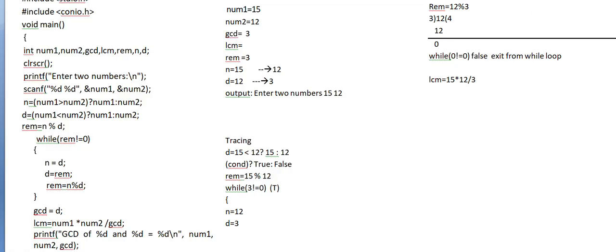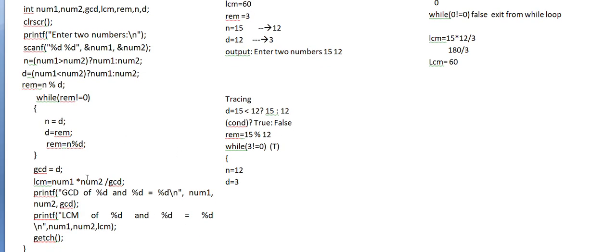What will be the answer? 15 into 12 is 180, divided by 3, that is equals to 60. So now the value of LCM is equals to 60. Clear? Okay, next thing. Now we are printing the value.